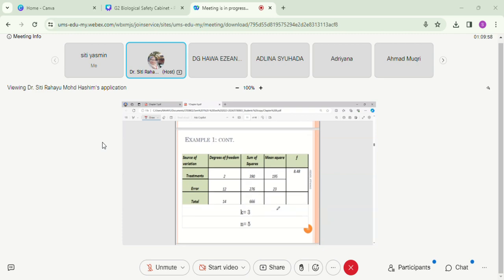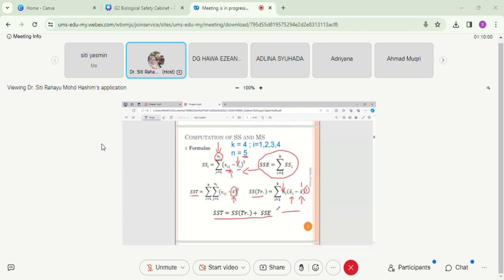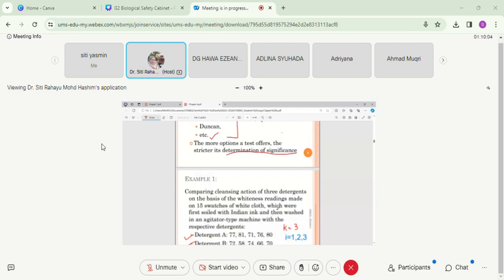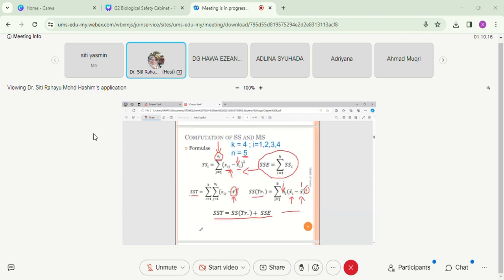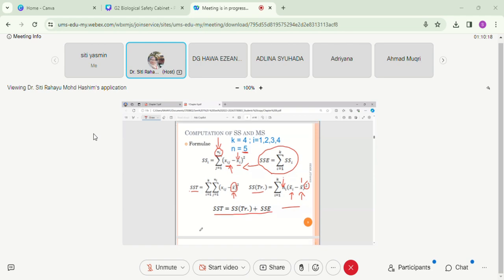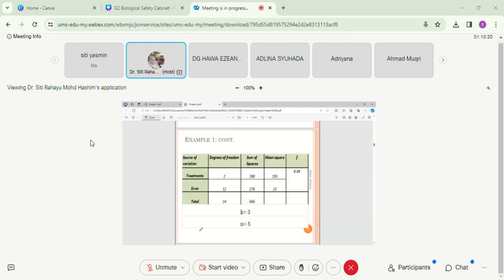If I use the formula given here, slide 8, I will gather these values for my Anova table. So, what I want to do is try to apply this formula to get these values.